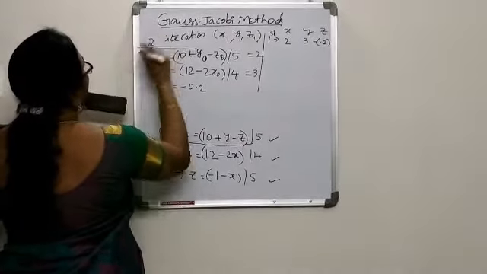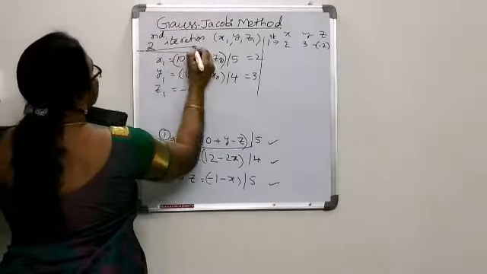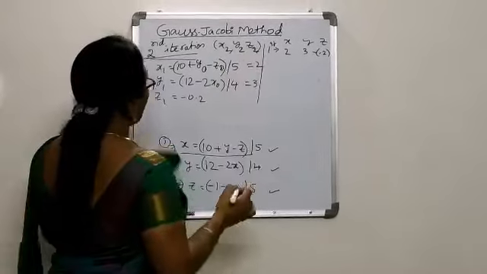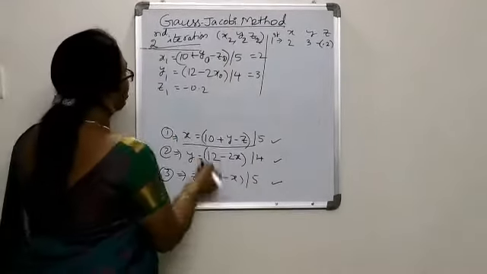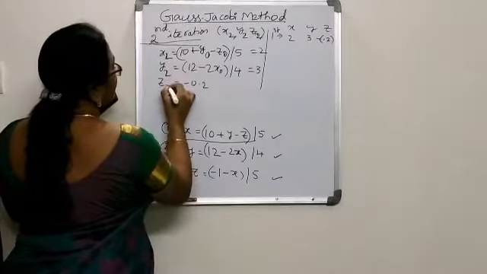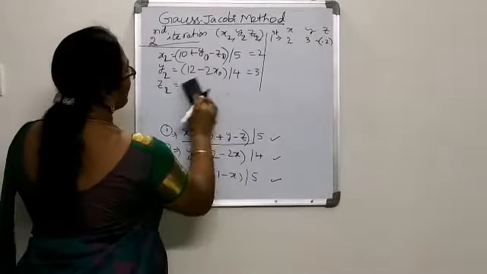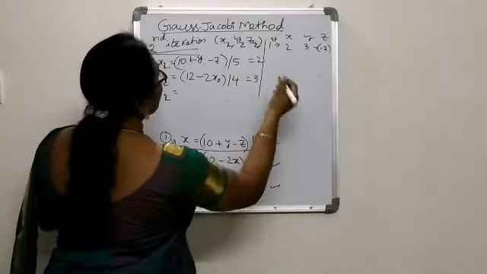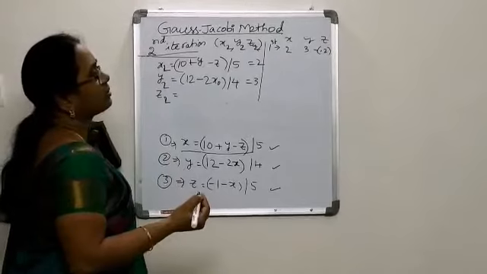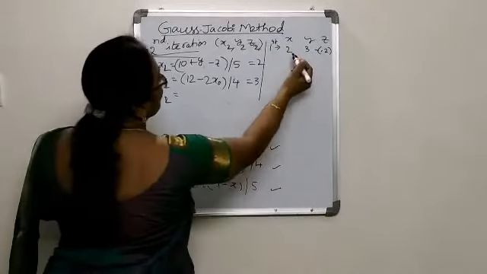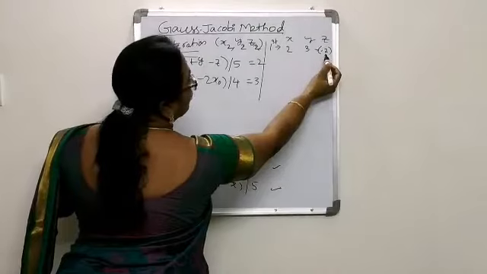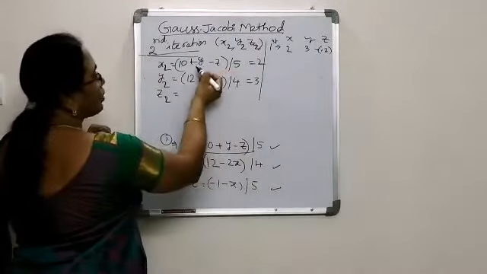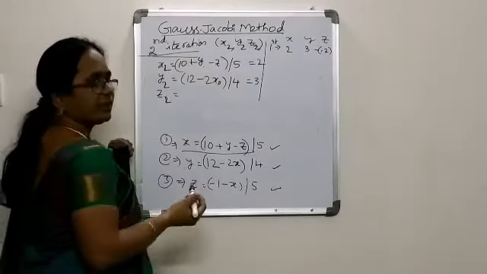Now, let us calculate the second iteration, the second approximation values, denoted by x2, y2, z2. Accordingly, from the same set of variable expressions, we can write x2, y2, z2. We have the first approximation values 2, 3, minus 0.2, and these three values have to be used to calculate the second approximation values.